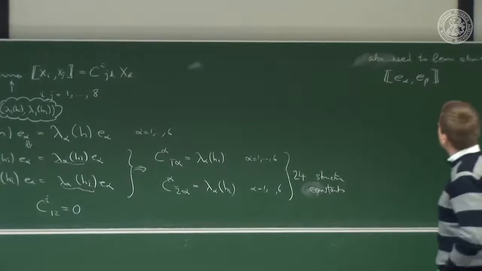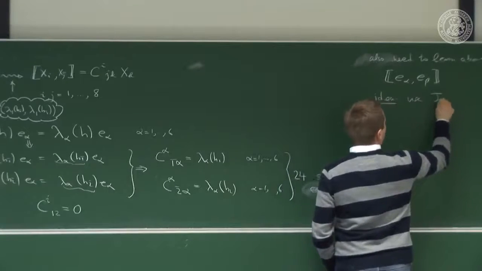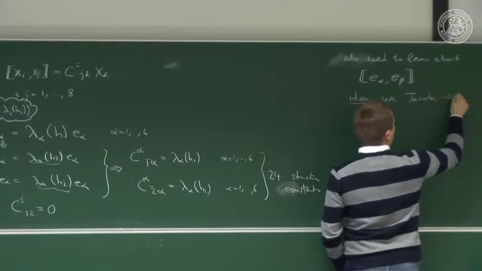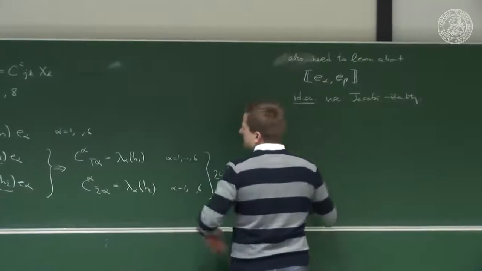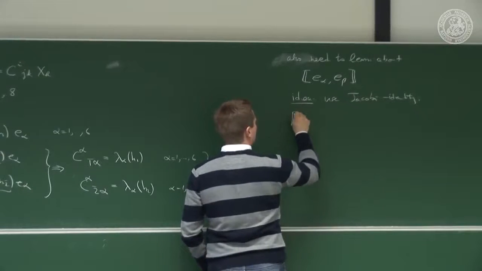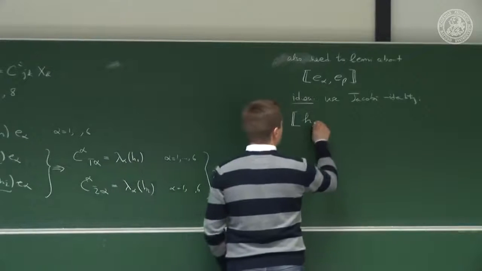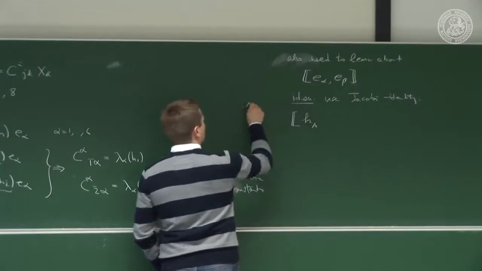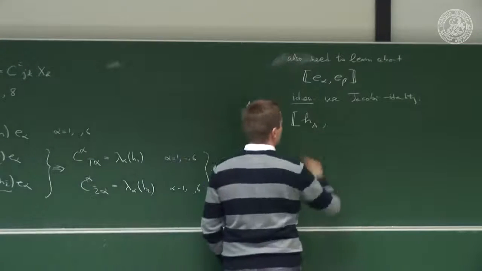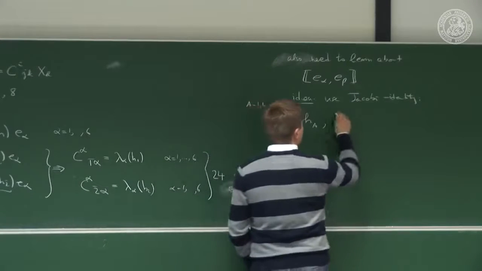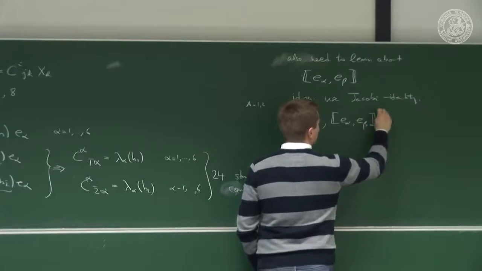Well, but of course we have the Jacobi identity, so the idea is to use the Jacobi identity to learn the following. We need to use some h, one of the h's, so let's call that H_A with a capital index A, so A then runs from 1 to 2, we're here firmly in this basis representation, and we then take the bracket with an E_alpha and an E_beta.